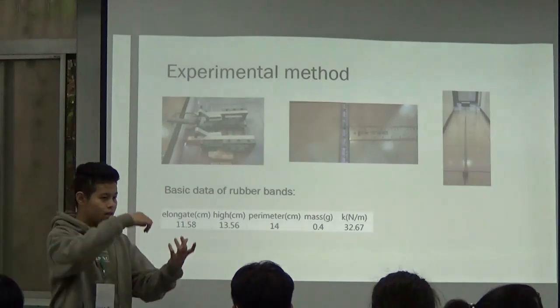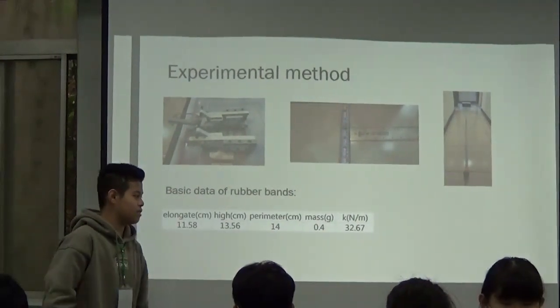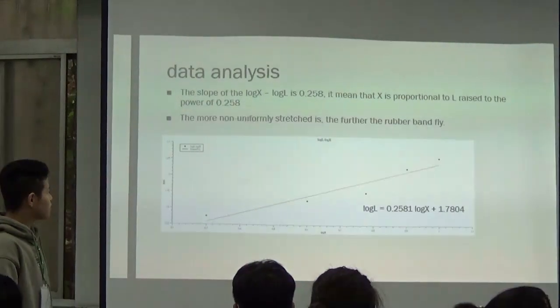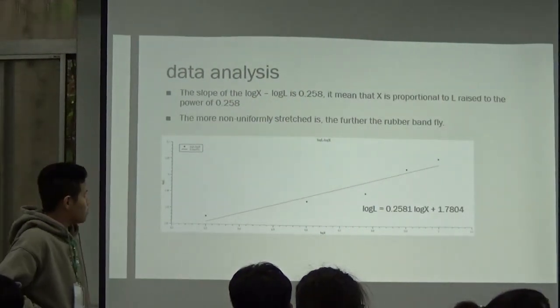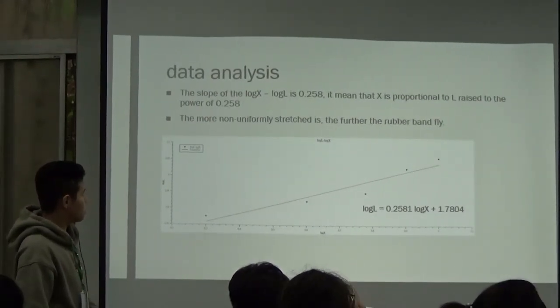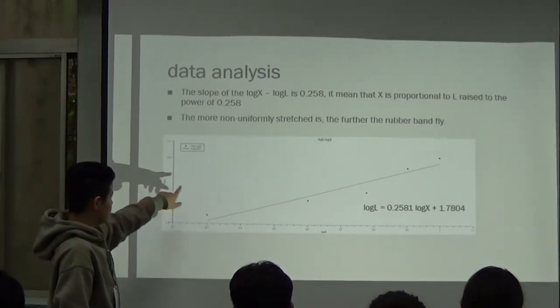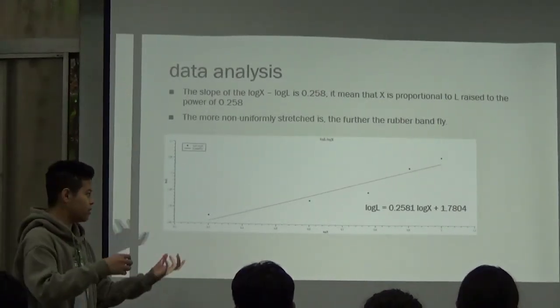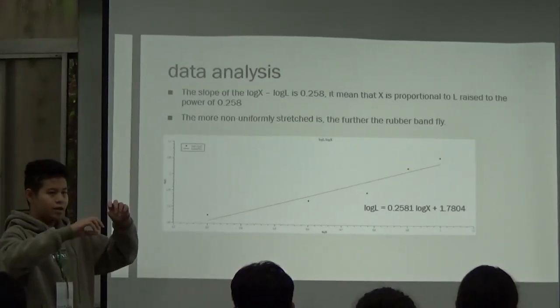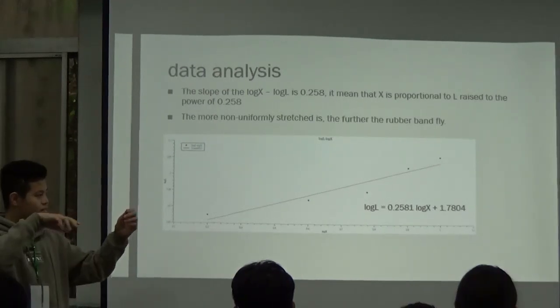The rubber band is pulled tight on one side, and the rest is not. And we can find that this one is log X, this is log L. The log L is the difference between when we pull the rubber band this tight and this not tight.